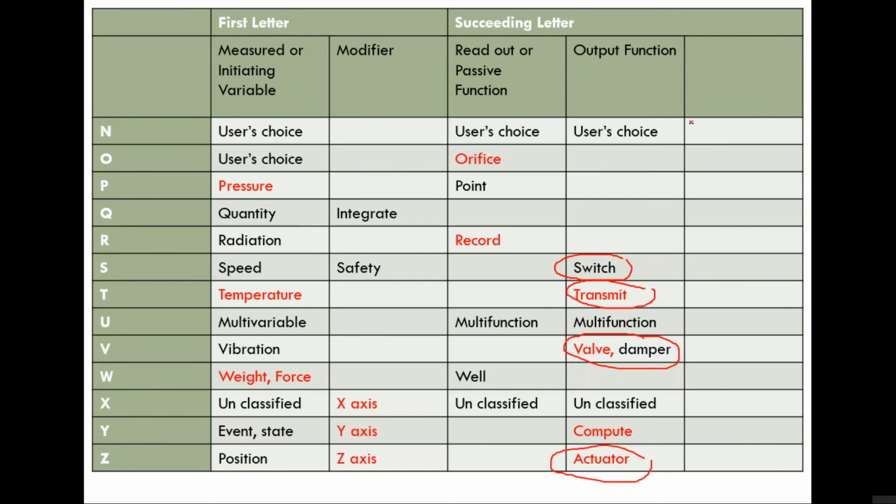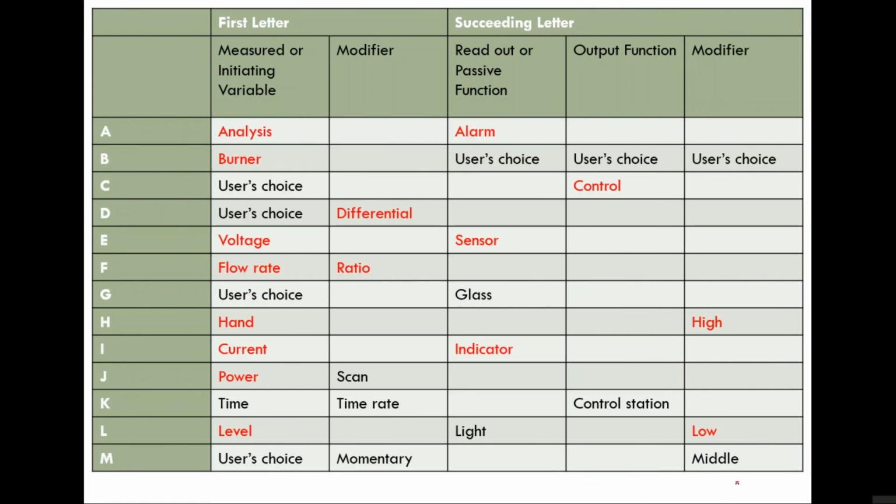Now, in some situations, we need a modifier for this readout function or output function. If you are indicating a high value only, then we need a modifier for the I for indicator. We are indicating the high value of something. In some situations we need to indicate a low value. So we can see 2 modifiers, high and low. Middle is a rare one.